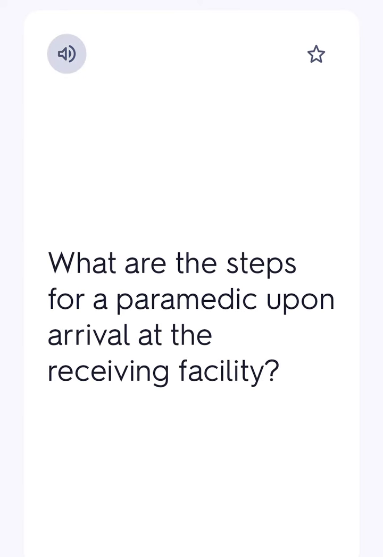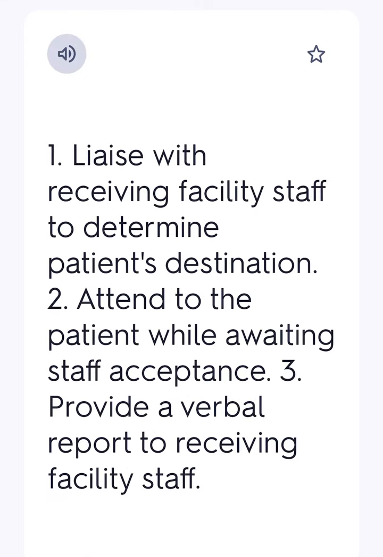What are the steps for a paramedic upon arrival at the receiving facility? 1. Liaise with receiving facility staff to determine patient's destination. 2. Attend to the patient while awaiting staff acceptance. 3. Provide a verbal report to receiving facility staff.